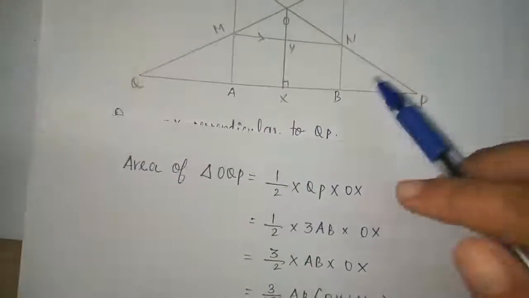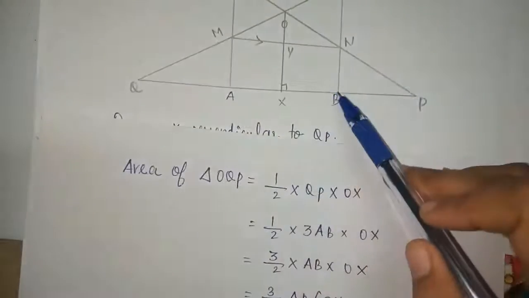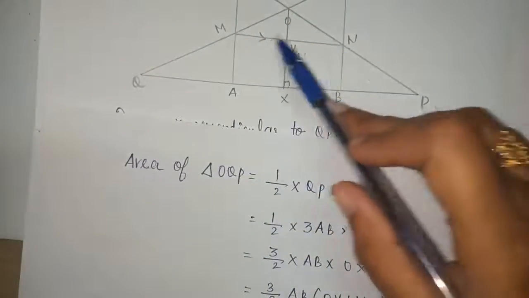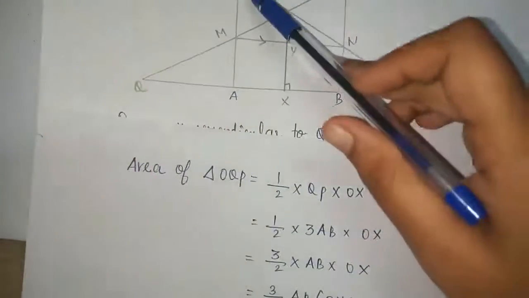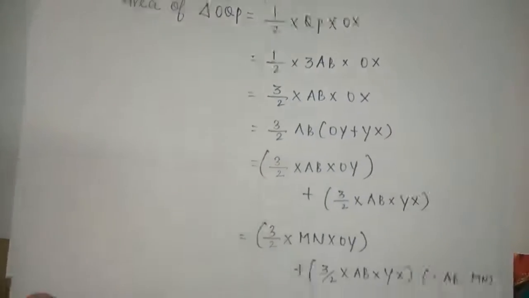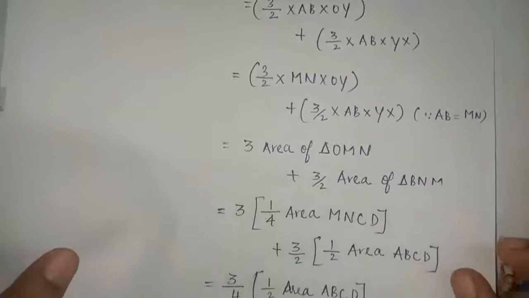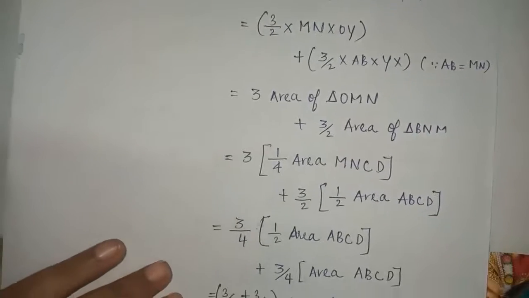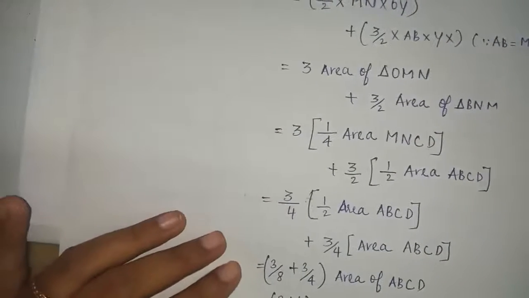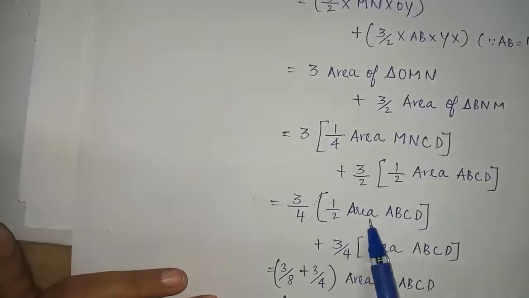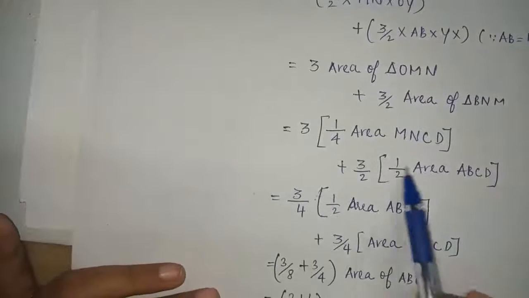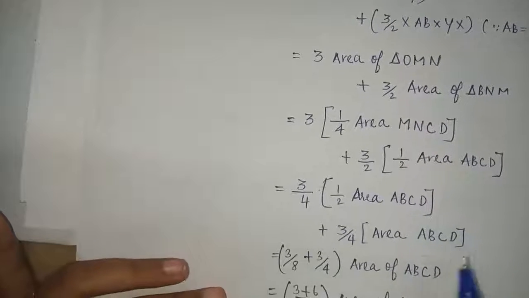So in this figure BNM is half of ABCD. So 3 by 2 into half of area ABCD. So which is equal to 3 by 4 into 1 by 2 into area of ABCD plus 3 by 4 into area of ABCD.